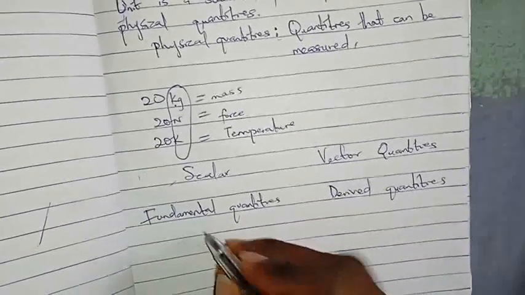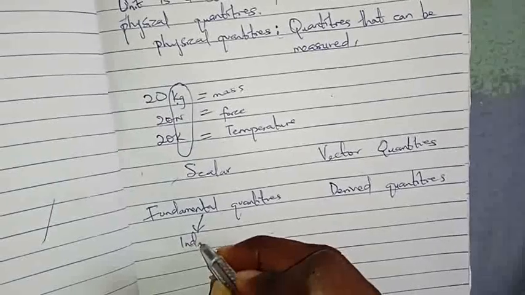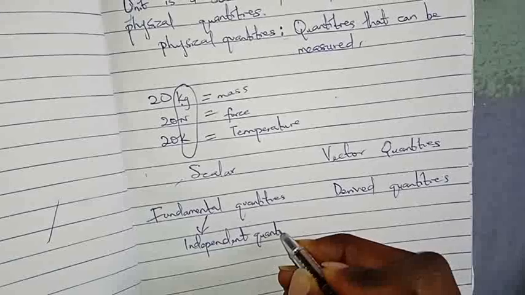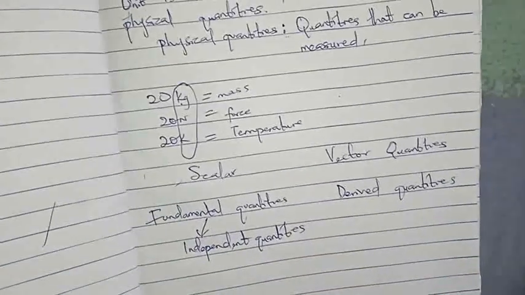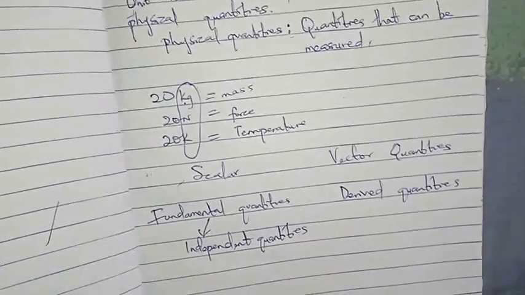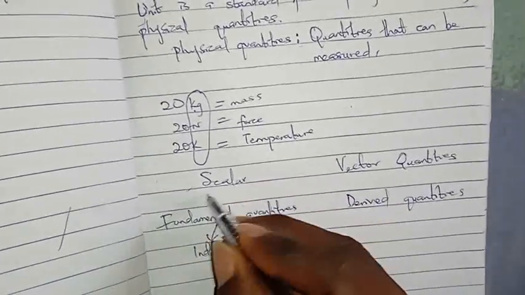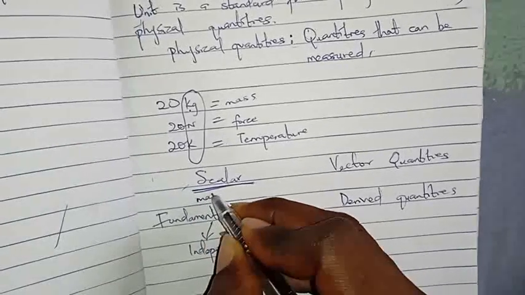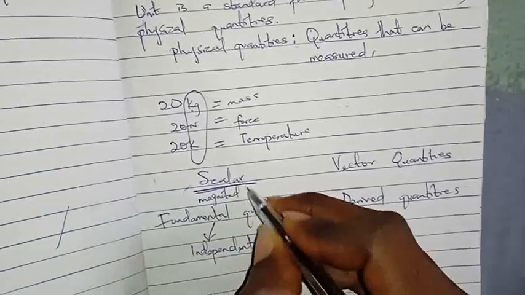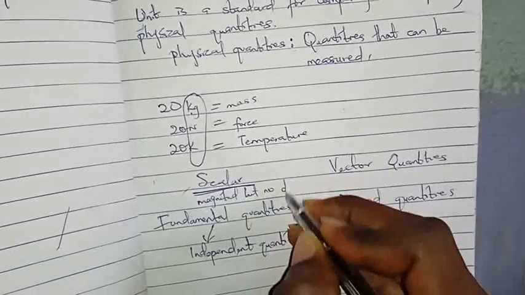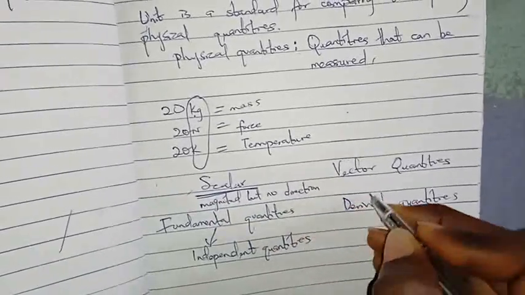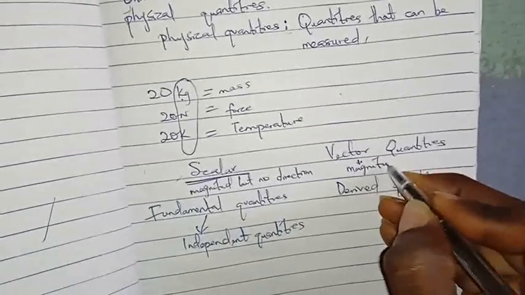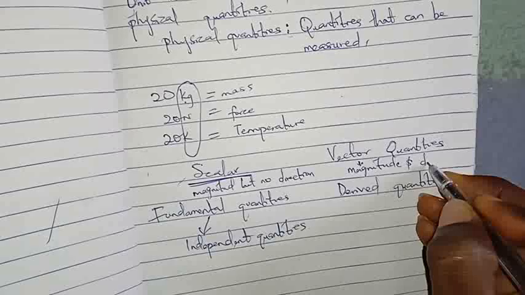Now, fundamental quantities are independent quantities. When we say it's independent, it simply means quantities that don't depend on other quantities for its unit or its dimension. And we know that scalar talks about quantities with magnitude but no direction, while vector talks about quantities with magnitude and direction.